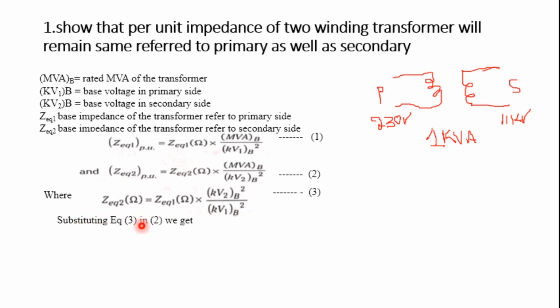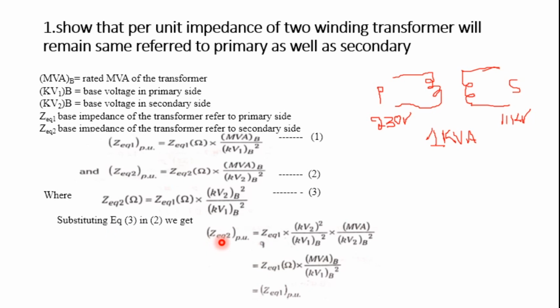Substitute this equation 3 in, and what will we get? We know already equation 2: Z equivalent 2 in per unit is equal to Z equivalent 1 in ohm into what? We write equation 1, Z equivalent in ohm, substituting it in terms of Z equivalent 1 in per unit. What does this mean?